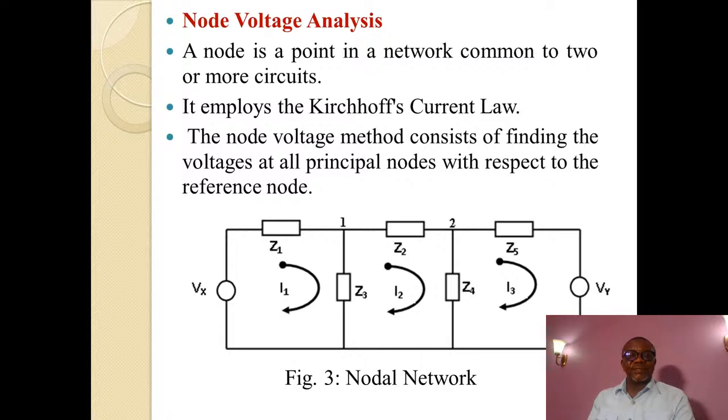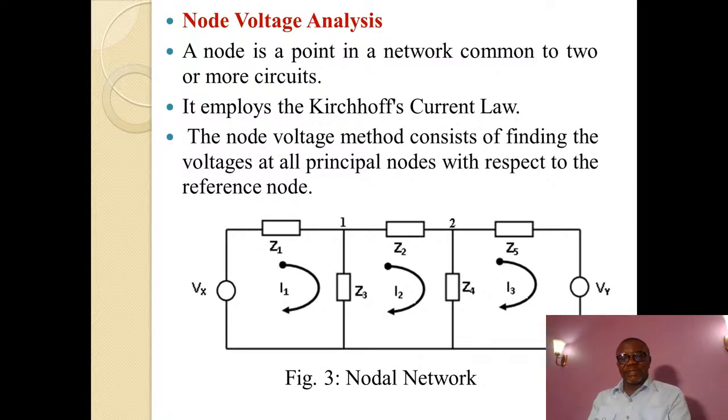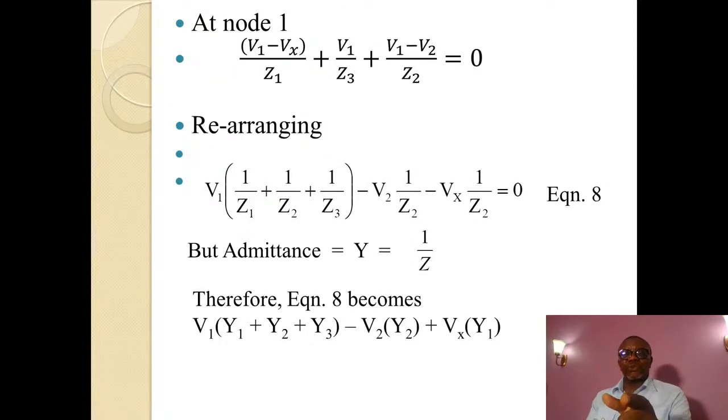That is what will give you the current flowing across Z1, plus V1 over Z3. Look at it. V1, Z3 is from V1 to the reference point, which is the ground, while Z2 is between node 1 and node 2. That is what we have, (V1 minus V2) all over Z2. We say is equal to 0, equate it to 0.